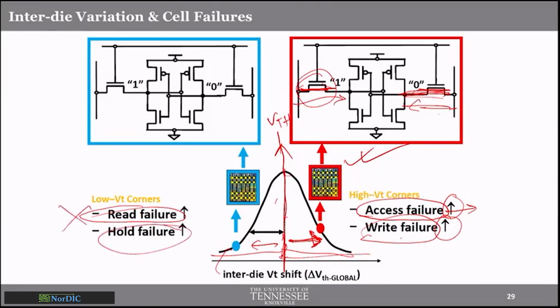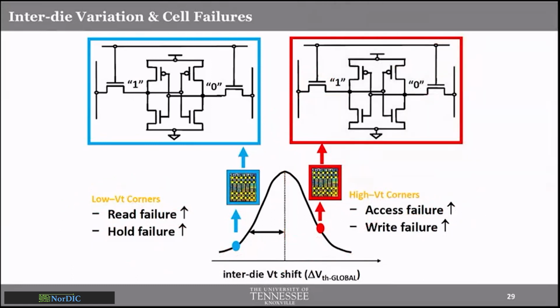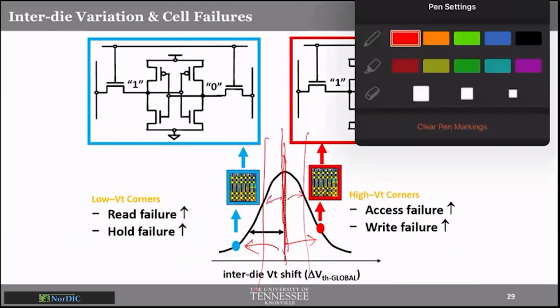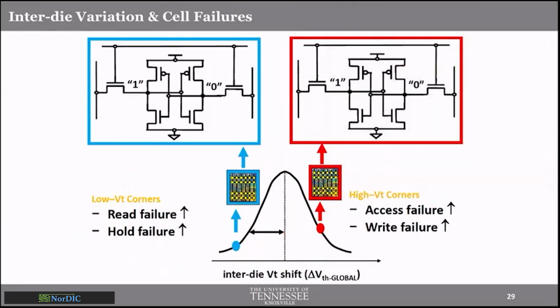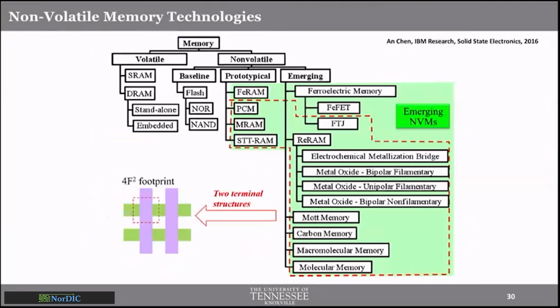So the low VT corner can lead to greater read failure and hold failure, and the high VT corner can have other failures. So you have problems in both directions. It's not like we can have this or that. We always try to stay within the ideal as much as possible. Our design should account for some margin of error, because you will not get exactly that value. You will get some more and some less. We have to take into account this presence of variation while designing the SRAM cell.